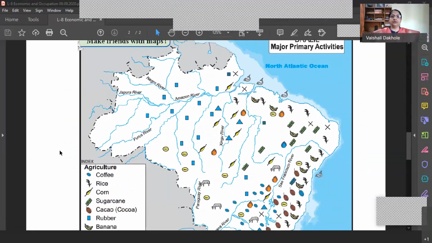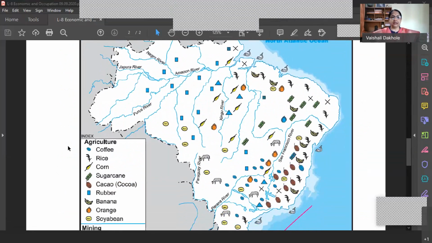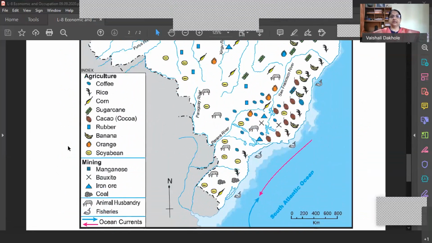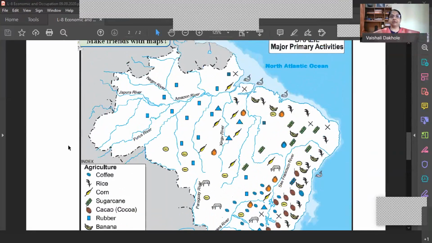Primary activities mean agriculture, mining, fishing and animal husbandry. These are the primary activities which contribute to the primary sector. Actually, primary sector has the largest contribution in the Indian economy. In Brazil, tertiary sector has the largest contribution in the Brazilian economy.